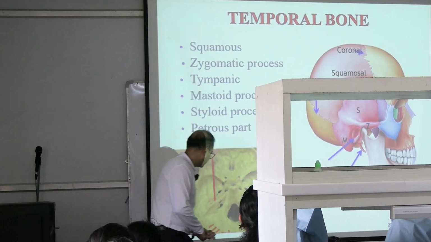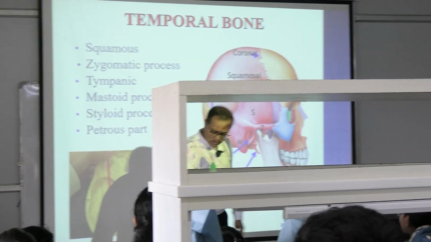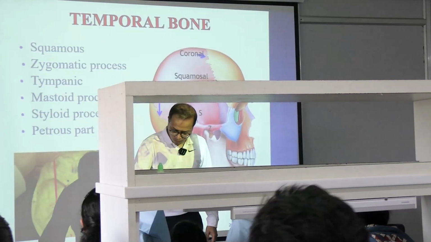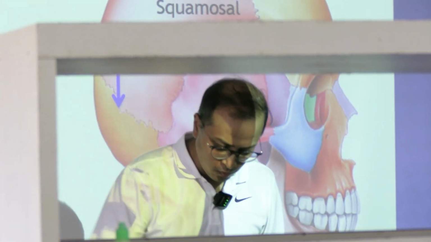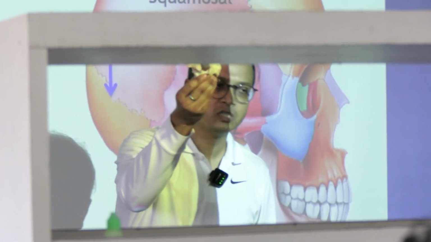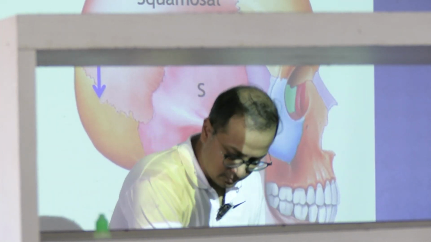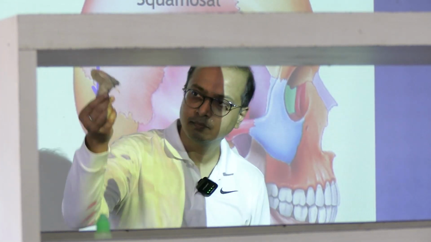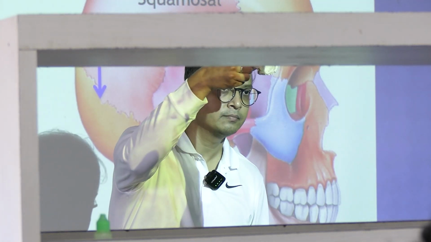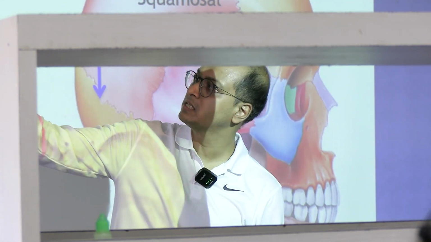See these individual bones, you should be able to identify them. Frontal bone, parietal bone, occipital bone with this foramen, temporal bone with the squamous part, and the petrous part I am holding.